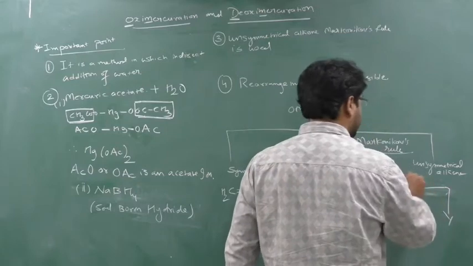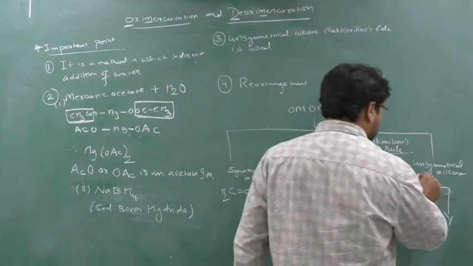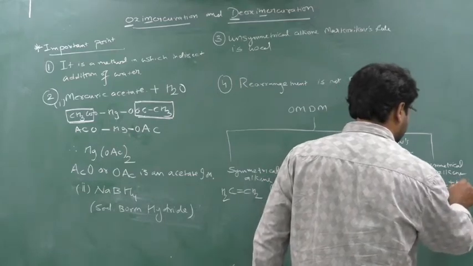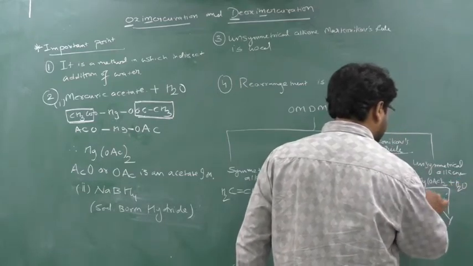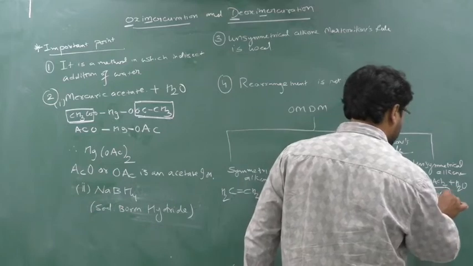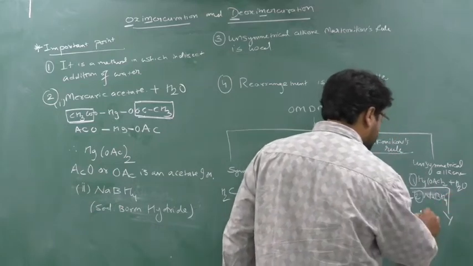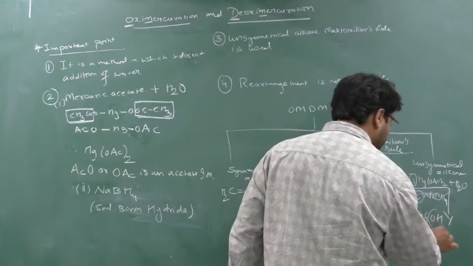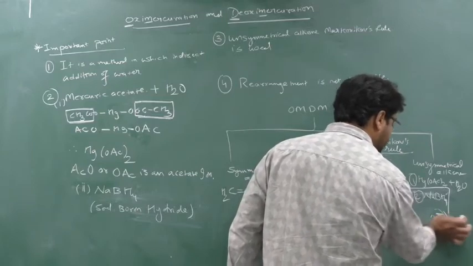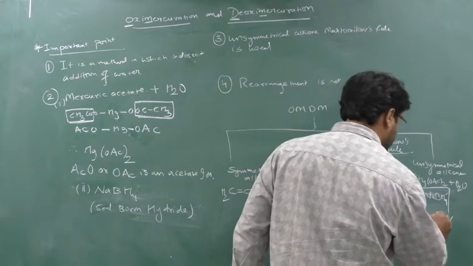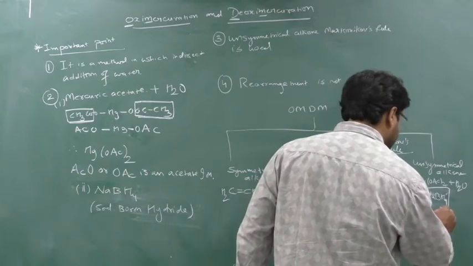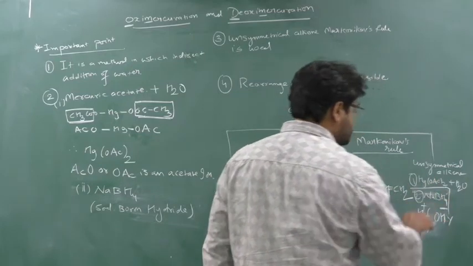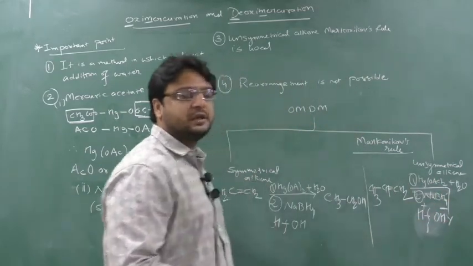In the first step it will be written mercuric acetate plus water, and in the second step sodium borohydride. So take H and OH again and cleave this. This OH will be negative, and the H will be positive. So this negative ion will attach to the carbon which contains less number of hydrogens.